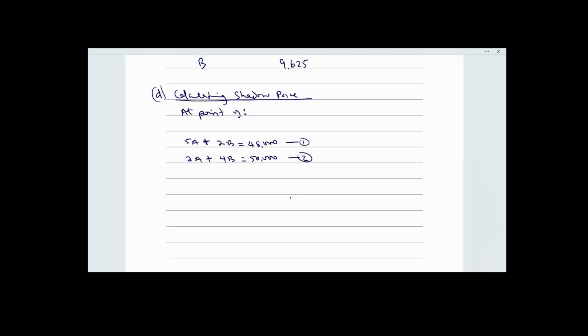Then I've identified the equations. Step 2 says find the dual problem.